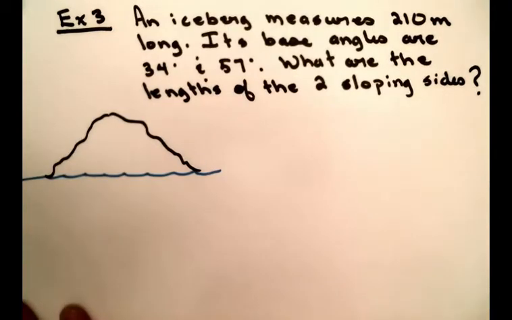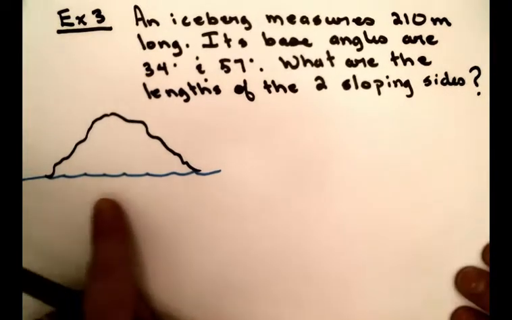Example 3, we've got an iceberg that measures 210 meters long, and its base angles are 34 degrees and 57 degrees. What are the lengths of the 2 sloping sides? So take a minute to write this out. Pause the video while you do it and come back. Okay, so this is all the info you're given, including a rough sketch.